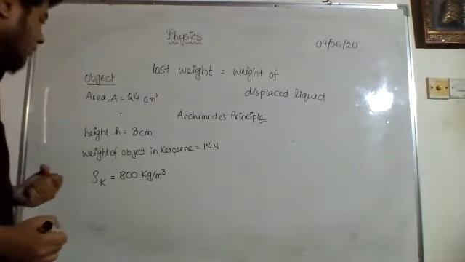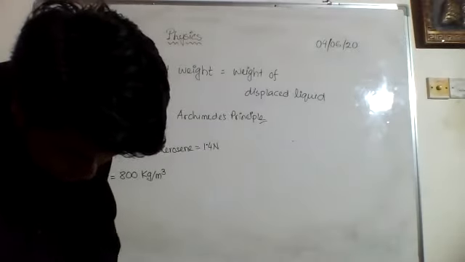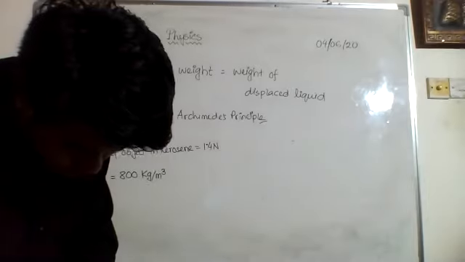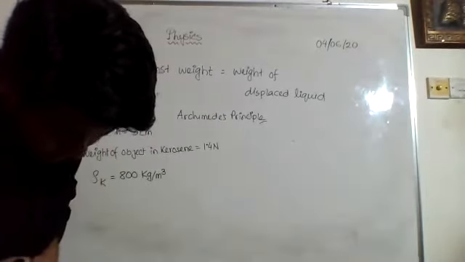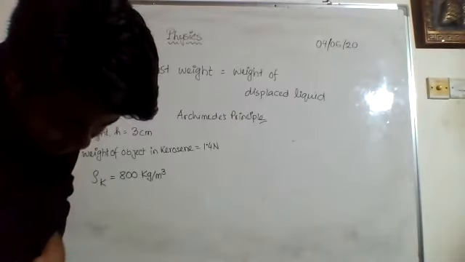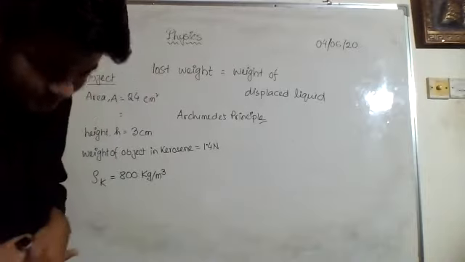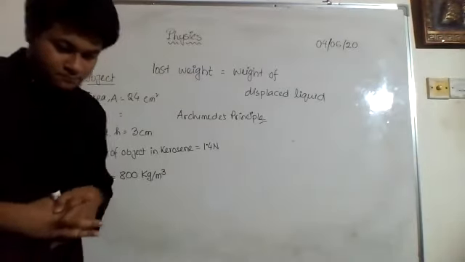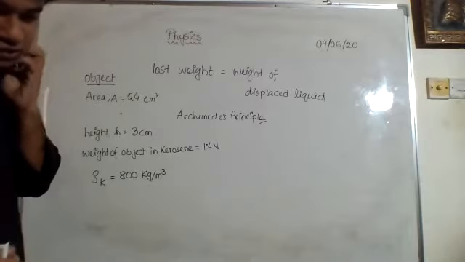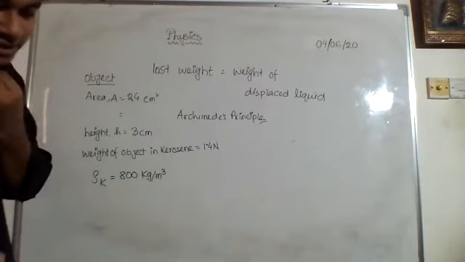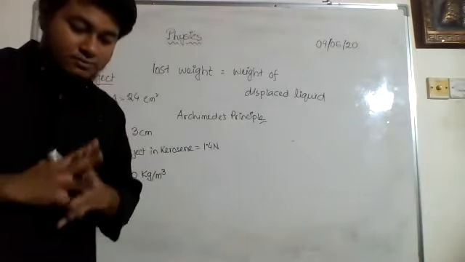So how can we do that? In the question, actually, some information is missing. In part D, they asked us to analyze mathematically whether the given information follows the Archimedes principle or not.